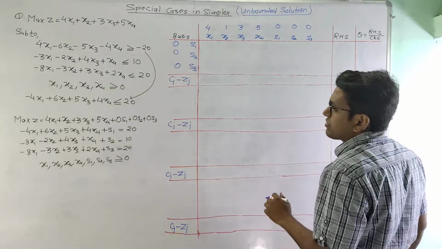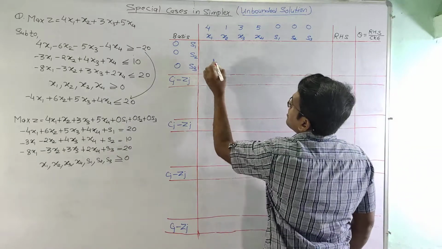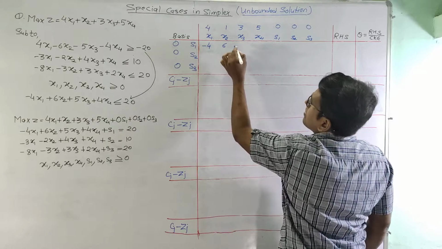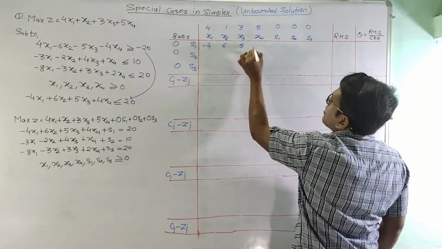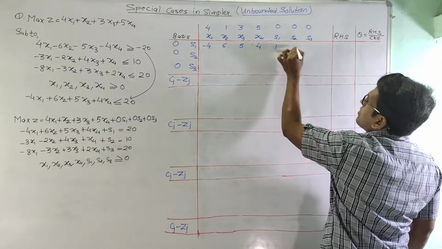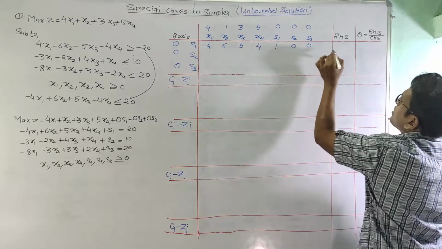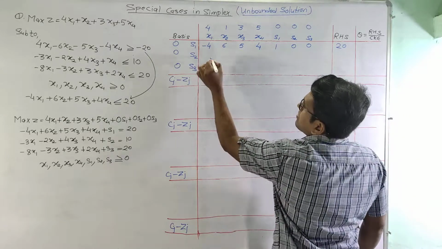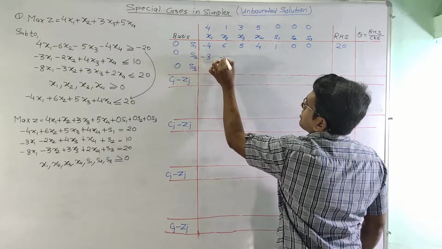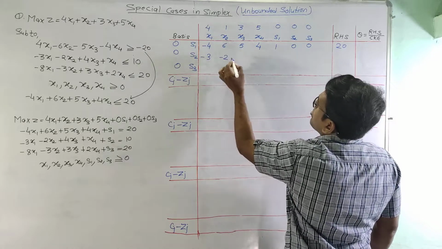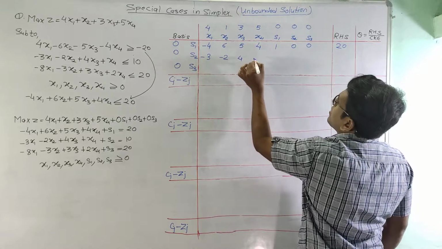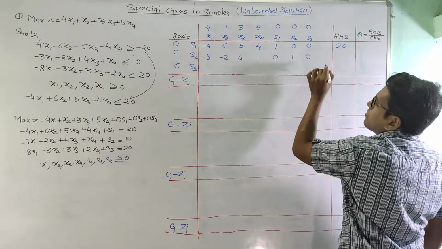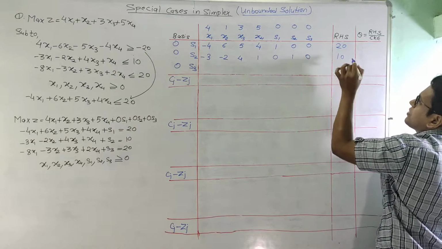Now let us write the constraint coefficients here, which are -4, 6, 5, 4, 1, 0, 0 equals 20. Second is -3, -2, +4, +1, 0, 1, 0 equals 10.